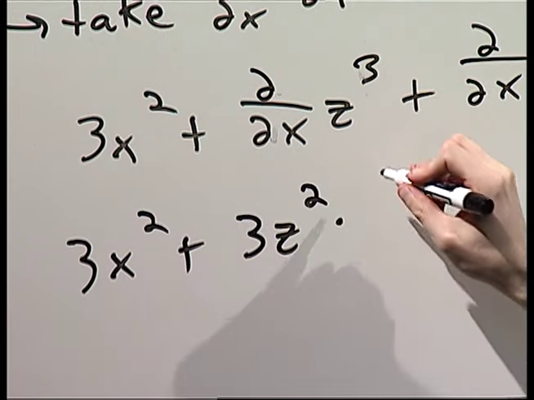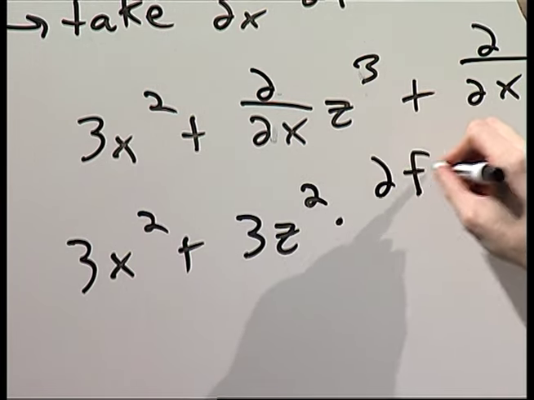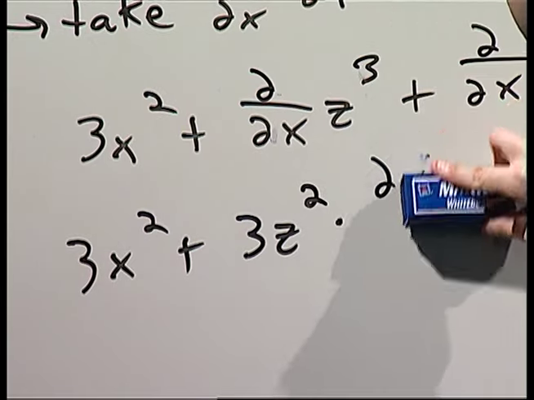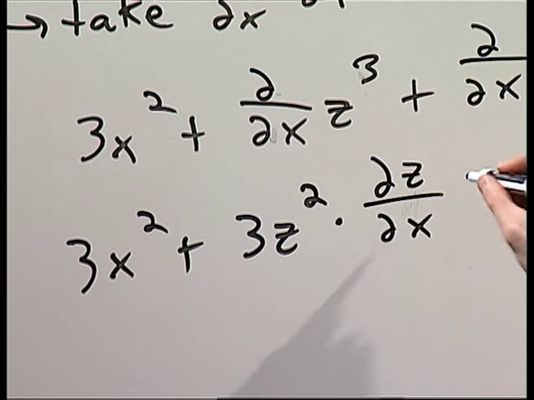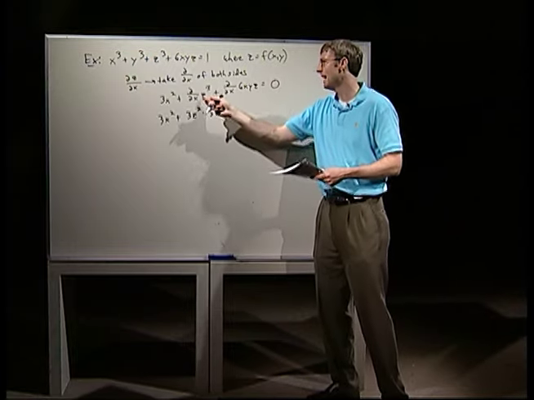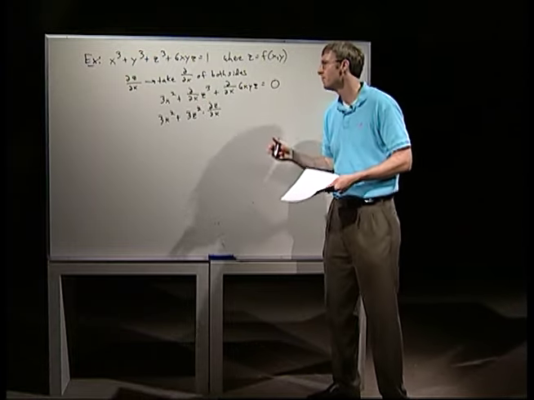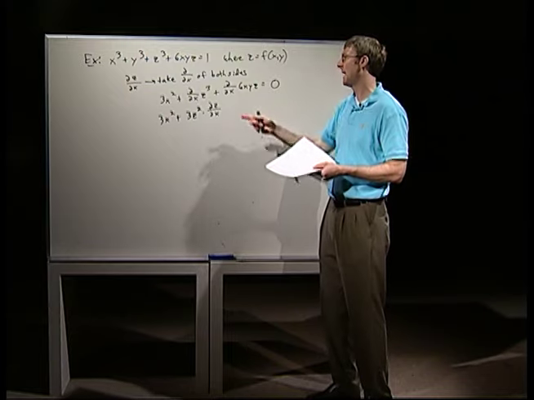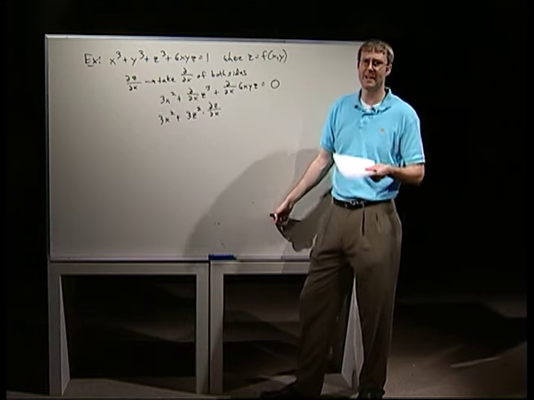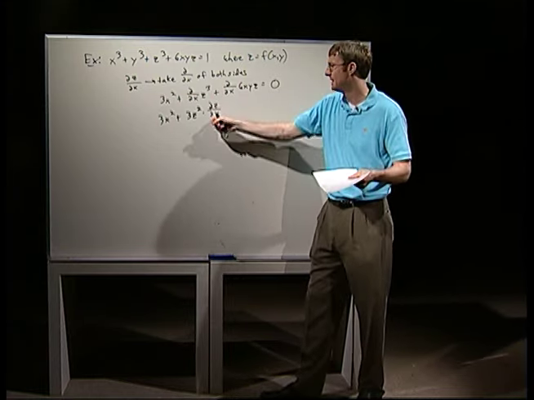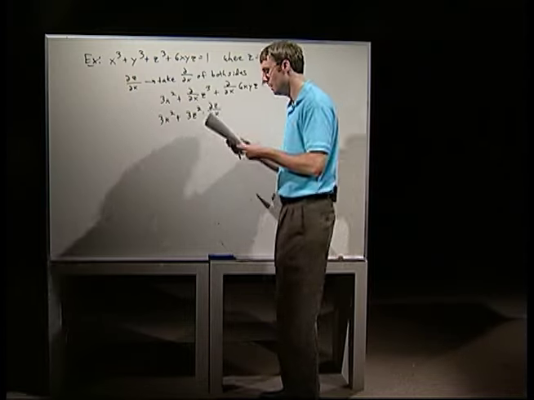It's just partial z partial x. This could be some function of x and y, I don't know. I take its partial, I get just this. It's just like when I differentiated y equals f of x, I got a y prime out. This is the piece I want to get out of this.